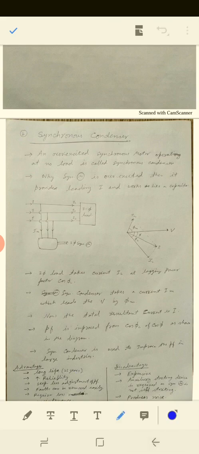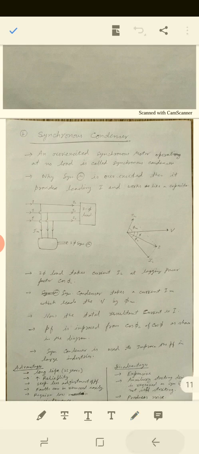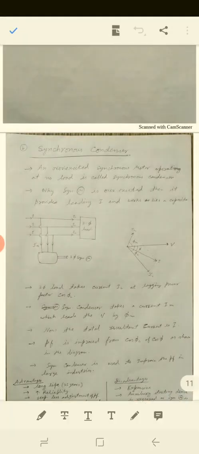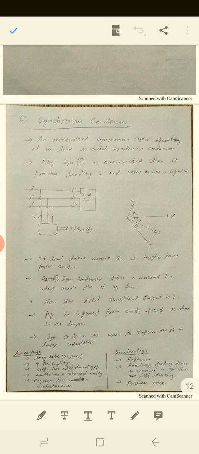The second advantage is that it is highly reliable. The third one is stepless adjustment of power factor. Stepless means a smooth adjustment of power factor can be done in the case of a synchronous condenser. In a static capacitor we cannot do stepless adjustment.